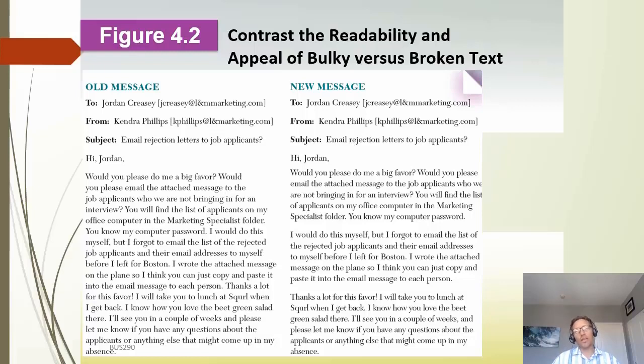So as you read the one on the left, you can see there's transition points that warrant starting a new paragraph. So you can say we have a second paragraph on the right. I would do this myself. And then we have another new paragraph. Thanks a lot for this favor. That's a new transition point. So again, read your document and look for transition points, and that's a signal for a new paragraph.